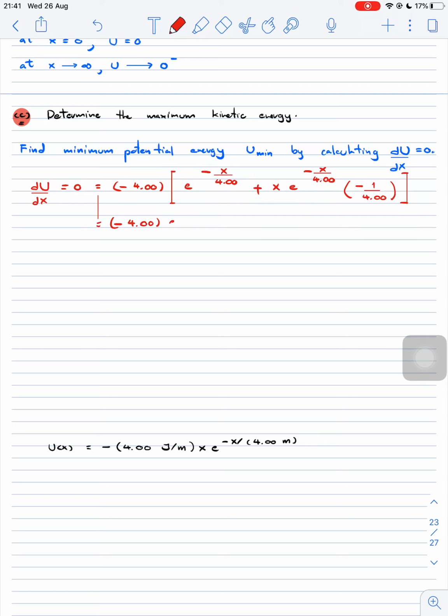So we have e to the negative x over 4.00 times 1. This is 1 because we just brought this out already, and then minus, because we have this minus sign, x over 4.00.